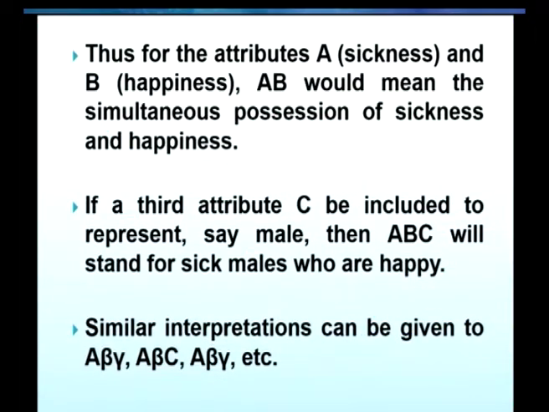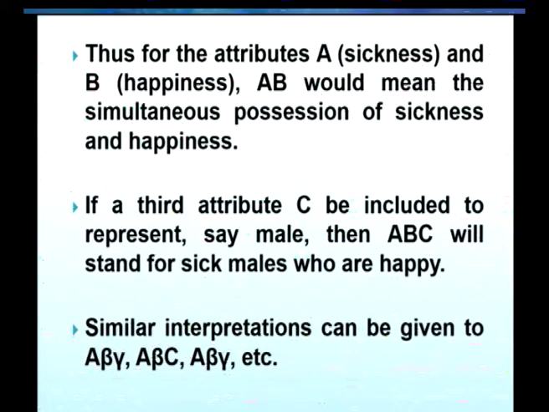It means A is sickness, B represents happiness and C represents males. So, ABC will stand for a sick male who is happy. And then similar interpretation can be given to A beta gamma. What does beta stand for?